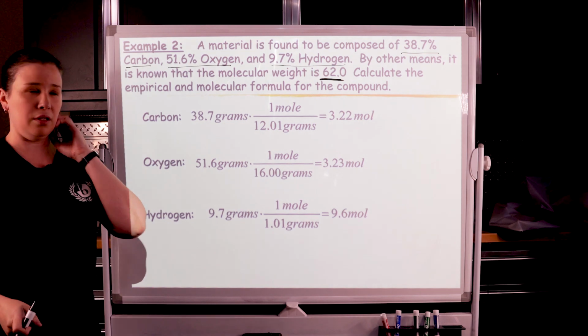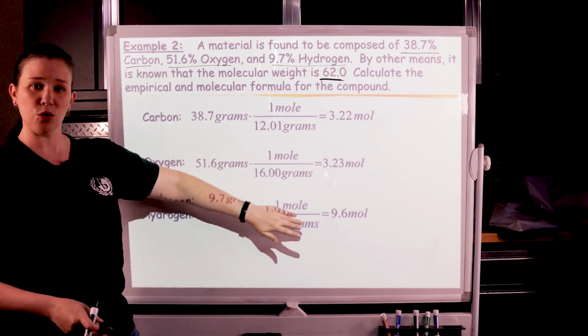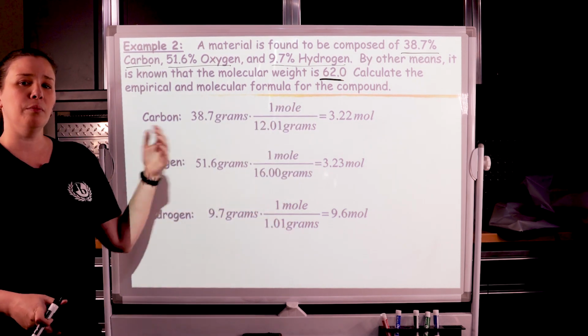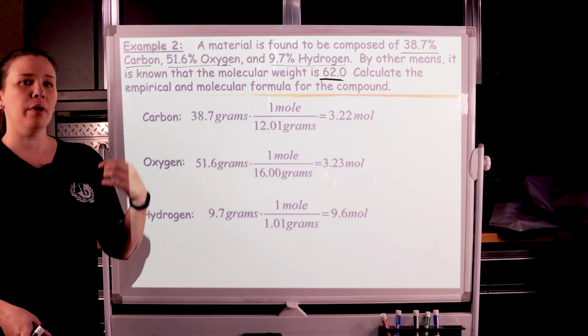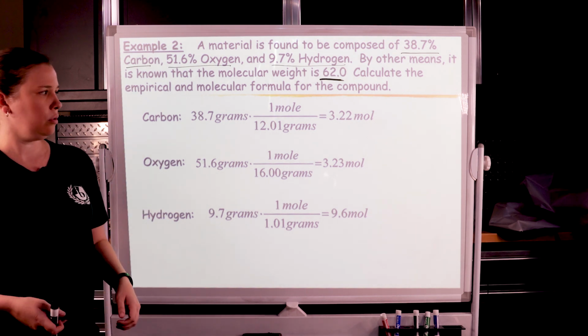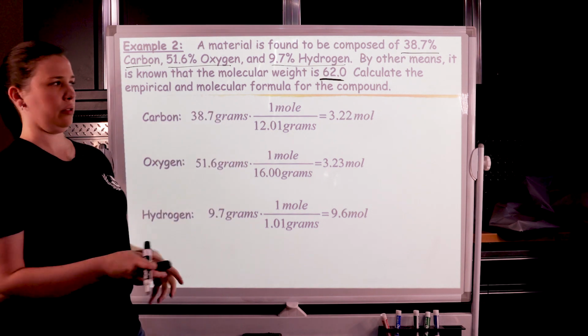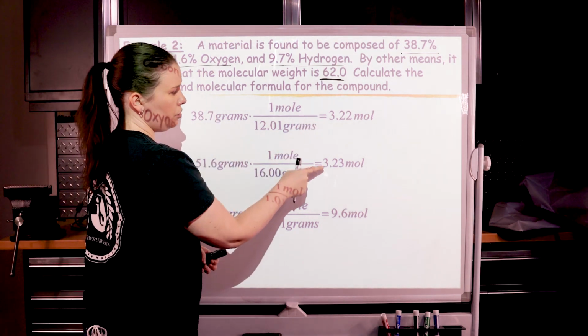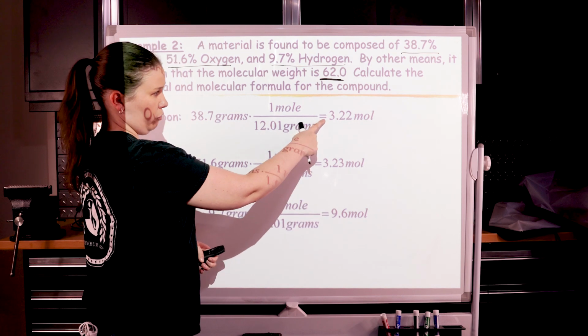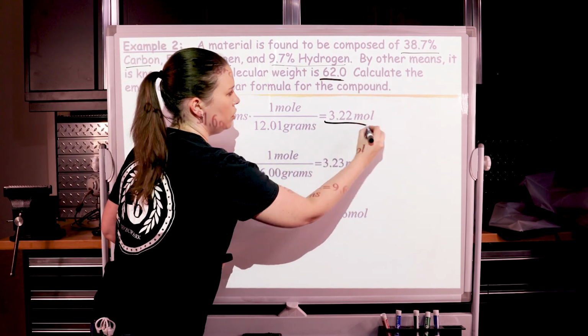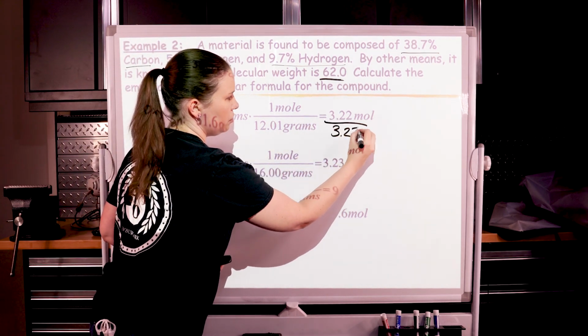So now we've got to think, if I've got moles of each one, how am I going to compare them? Remember, comparison means a ratio. So what am I going to divide by? Always the smallest. The smallest moles out of these 3 would be the first one, the 3.22. So I'm going to divide by 3.22.